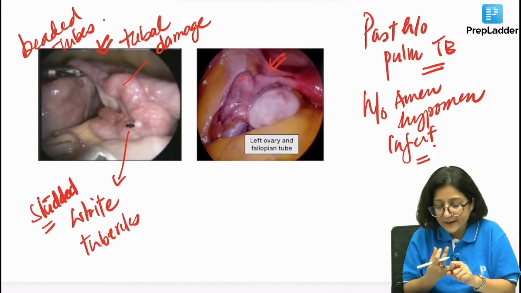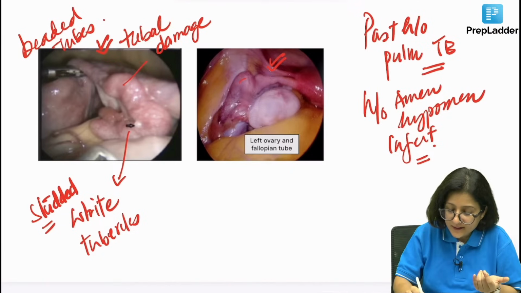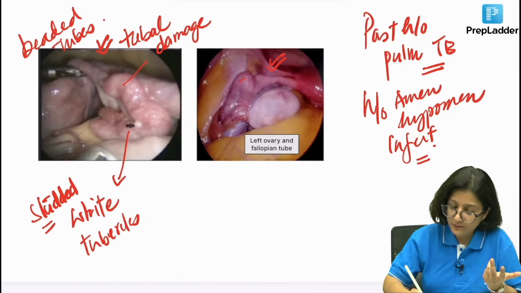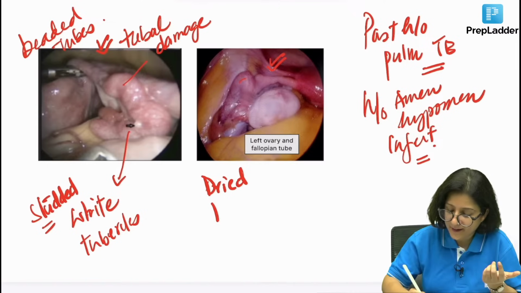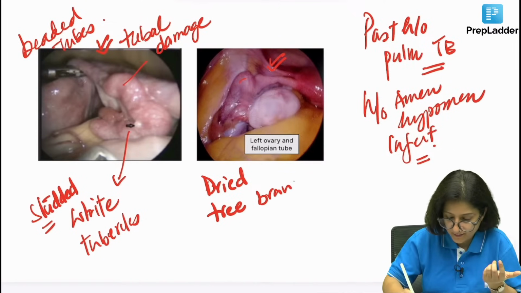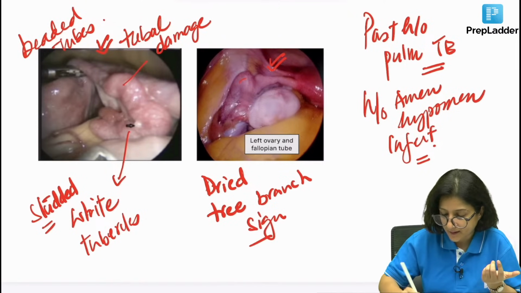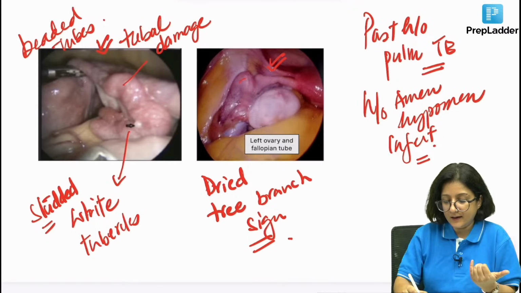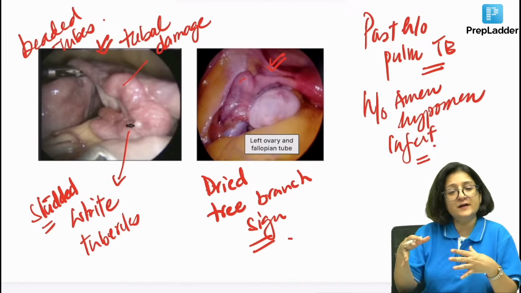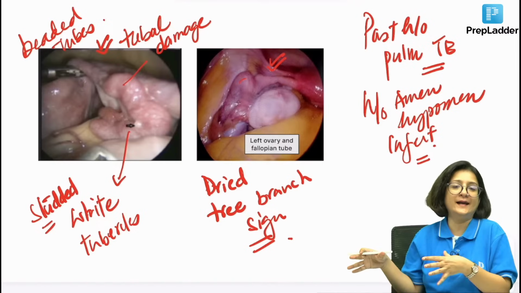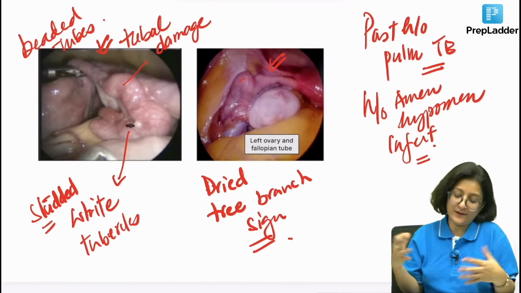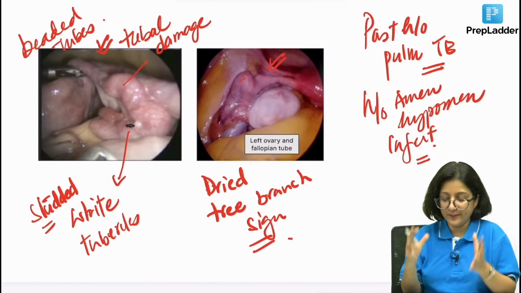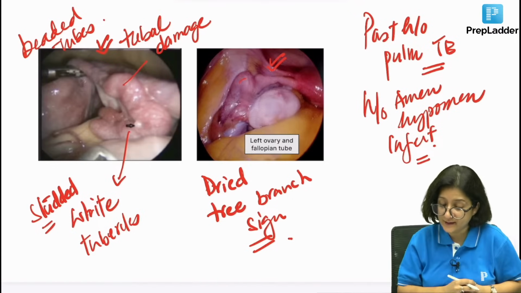Like you isolate Mycobacterium in other cases, similarly here also AFB and BACTEC and everything, right? So here you can see that the tube is damaged, and this is what we call the dried tree branch sign. A very thickened tube which is looking as if it is a branch of a tree lying dead and dry. So that is why, dried tree branch sign, sort of a tongue twister it has become for me.